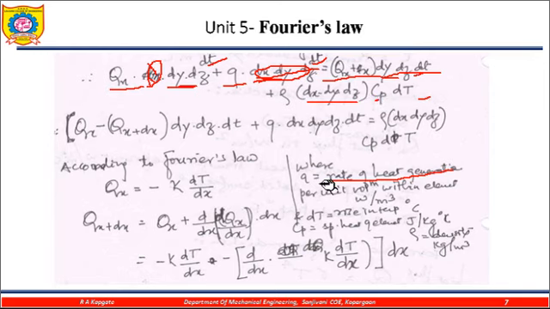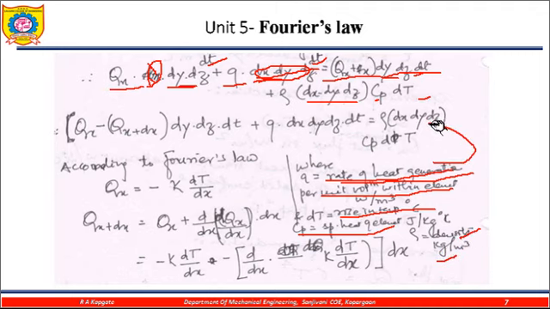Here q is the rate of heat generation per unit volume within the element, in W per meter cube. dt is the rise in temperature, Cp is the specific heat of the element in joule per kg Kelvin, and rho is the density in kg per meter cube.